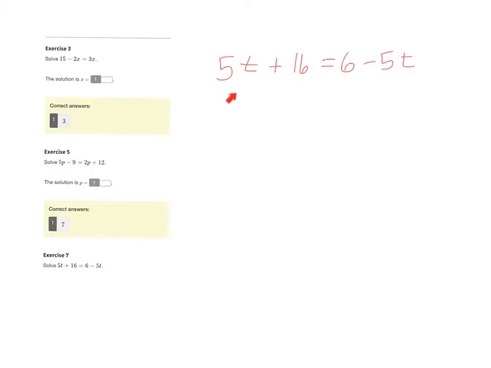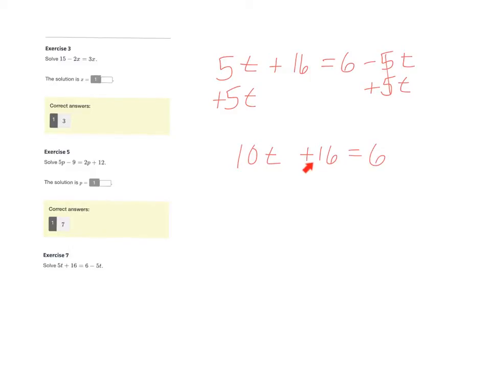That would work, but it would leave me with a negative, and I don't want a negative, so I'm going to add 5t to both sides. So I'm going to add 5t here, add 5t here. I get 10t plus 16 is equal to 6.